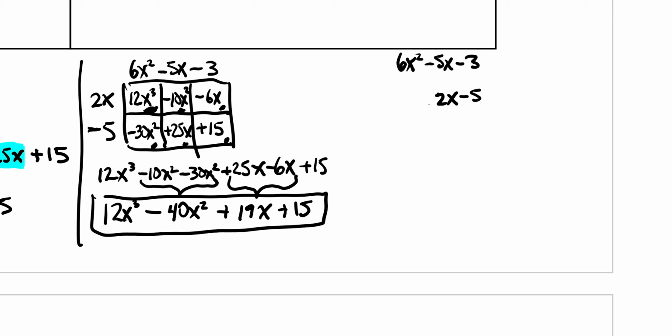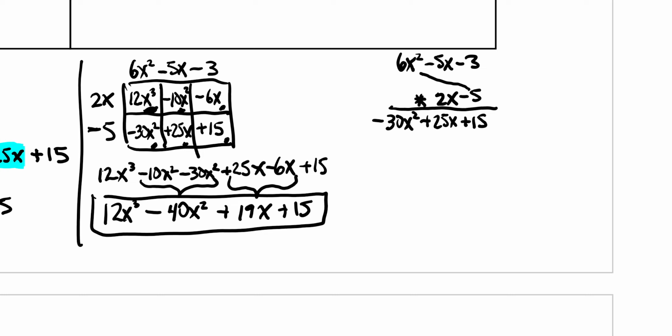And to show that they're multiplied, I just put an asterisk there to show, hey, these are being multiplied. Negative 5 times a negative 3 would be plus 15. And then a negative 5 times a negative 5x, that would give me plus 25x. And then negative 5 times 6x squared would be negative 30x squared.